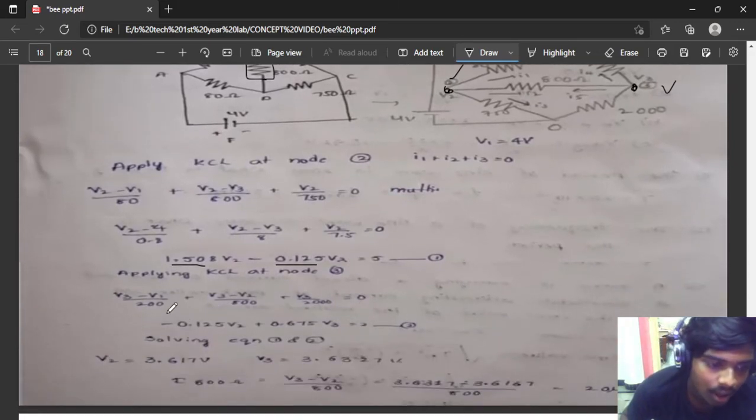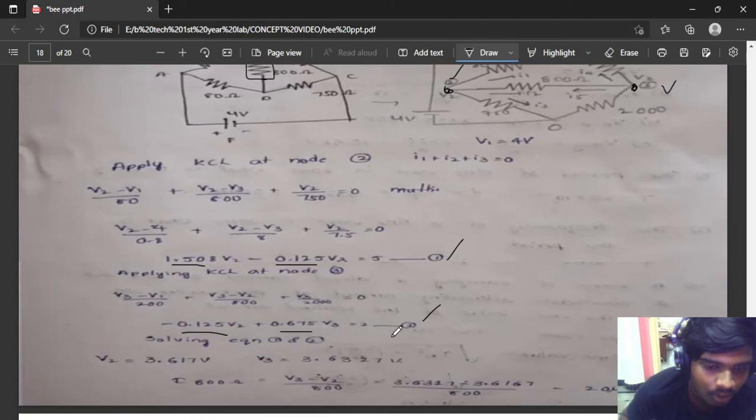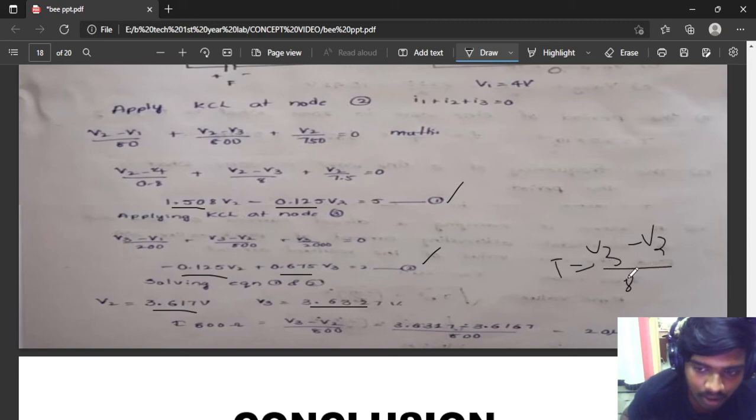After writing this, we get the equation minus 0.125 V2 plus V3 equal to 0, and solving both equations 1 and 2 using a calculator, we can get the values of V2 as 3.617 and V3 as 3.632, and I equal to V3 minus V2 by 800, and substituting the V3 and V2 values, we are going to get the answer as 2.04 amperes.